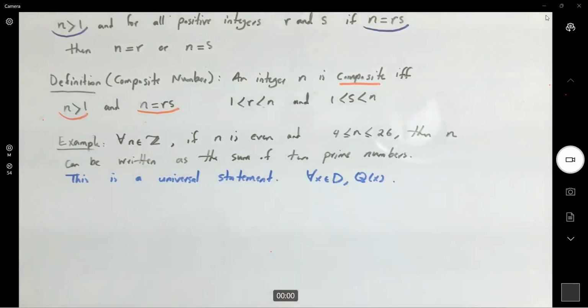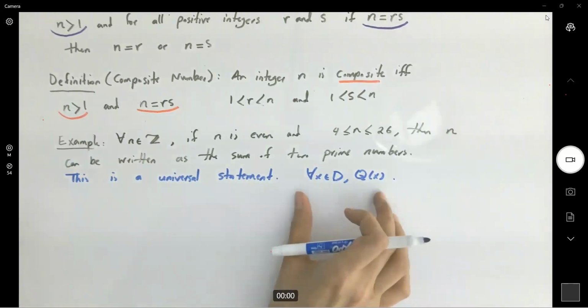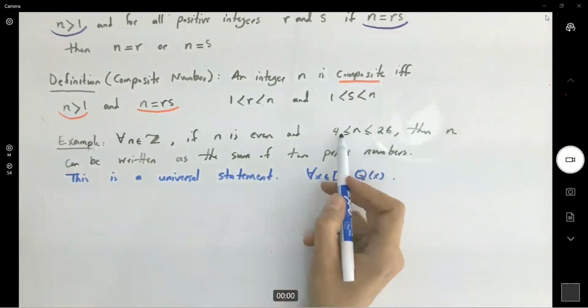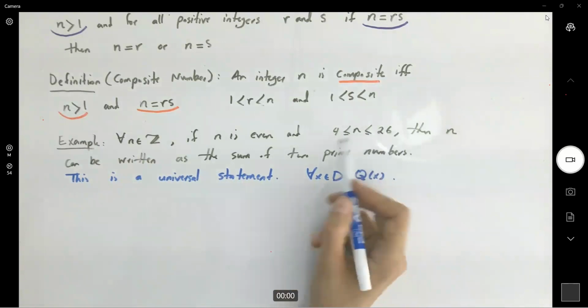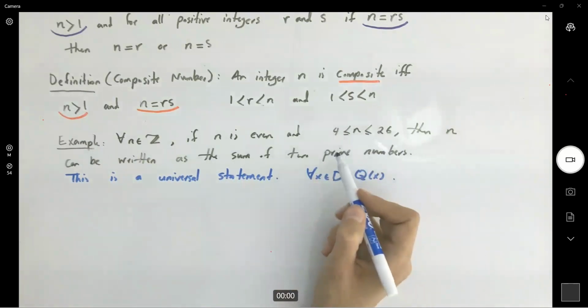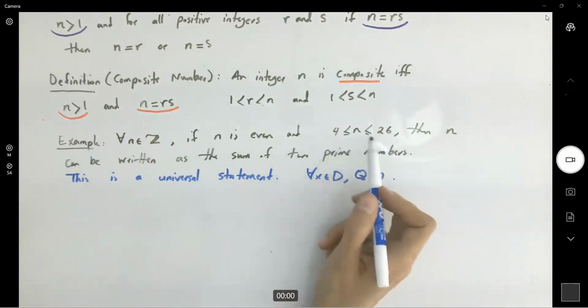To prove the universal statement, if you have a finite number of values in your domain, then you need to check for each one of them.